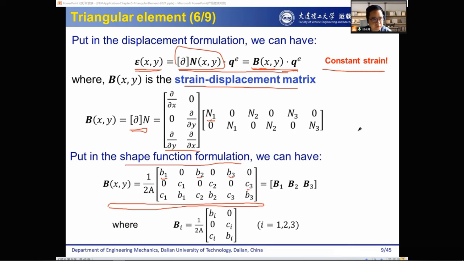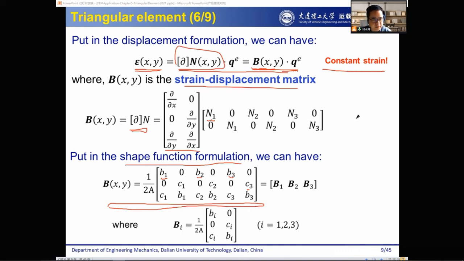Because this is a constant, we don't recommend using the 3-node triangular element, sometimes called the linear element. Because it's constant, you need many more elements to approximate nonlinear problems, which means you need to use a very small mesh or increase your element number.